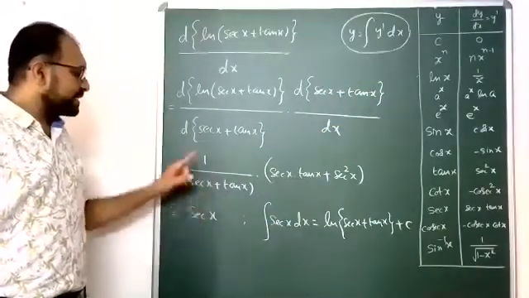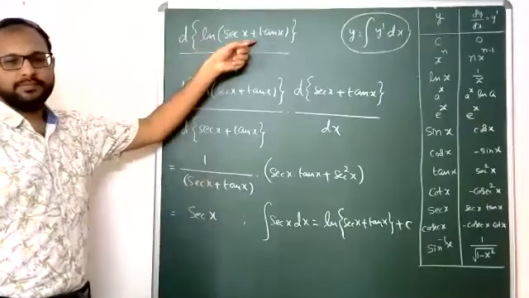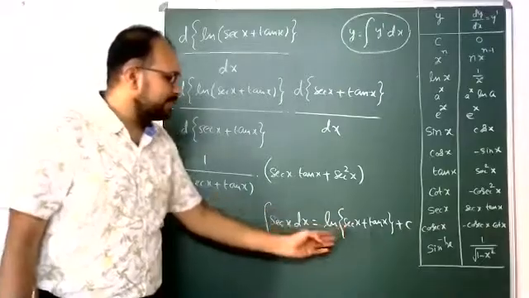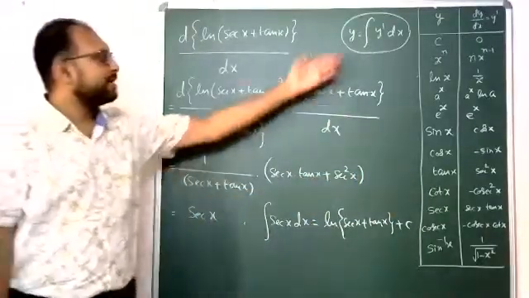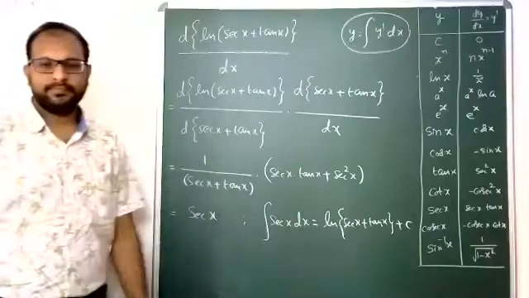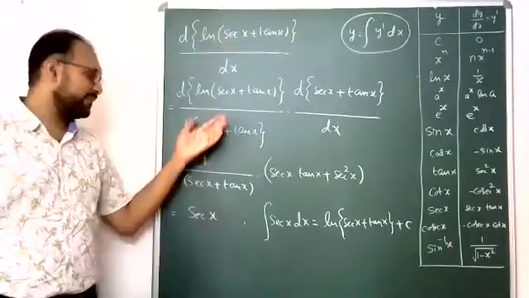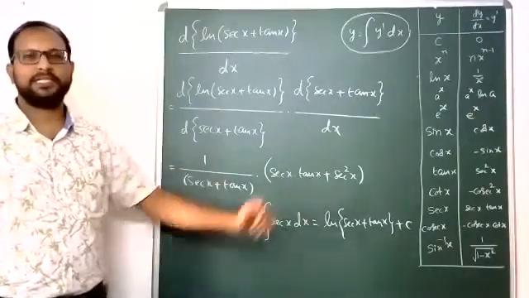Secant x is the derivative of this function, and the integral of secant x is this function. Same thing I applied. Students, from here to here, take it from the differentiation and the integration.